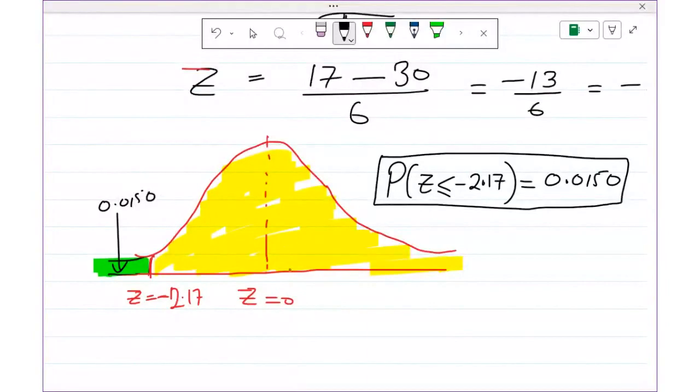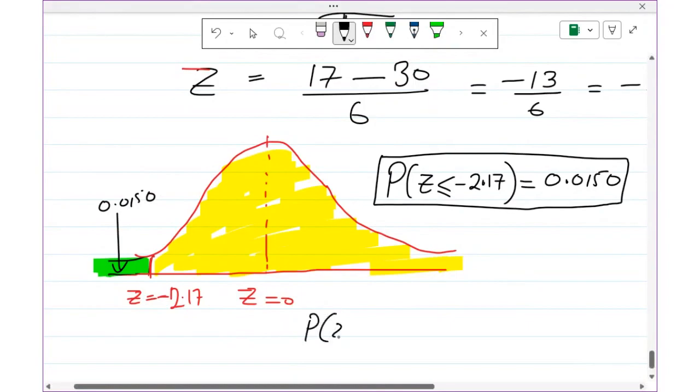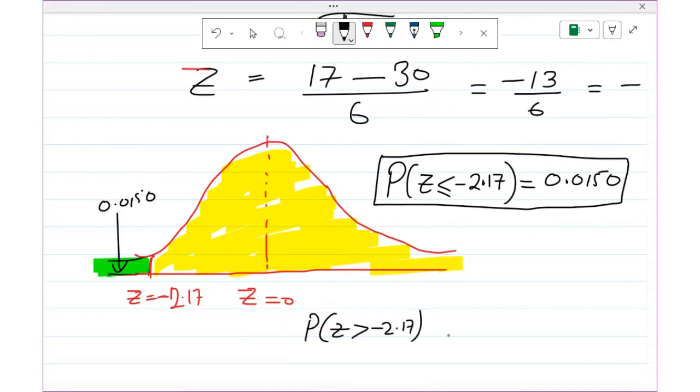The total area under the standard normal distribution is 1. So what will be the area for z greater than minus 2.17? That is 1 minus the area on the left side of minus 2.17.